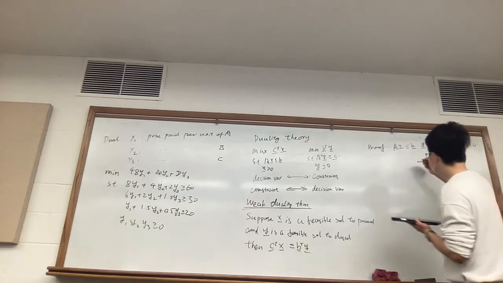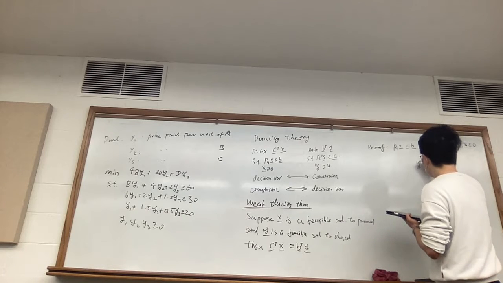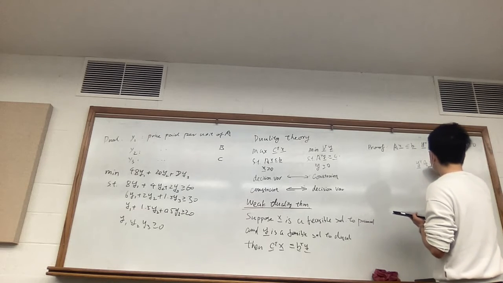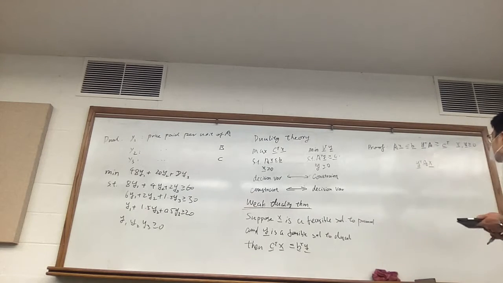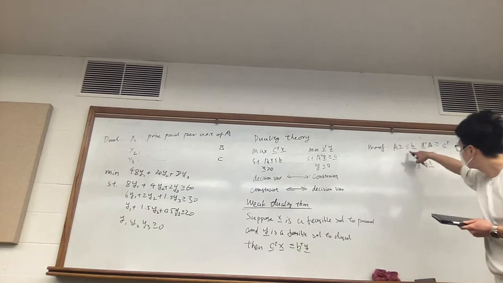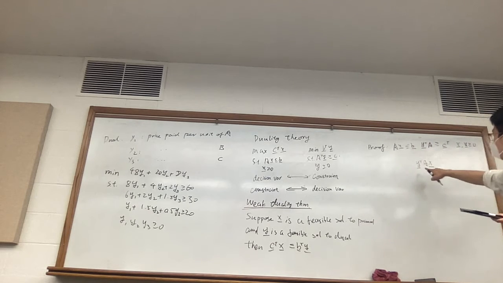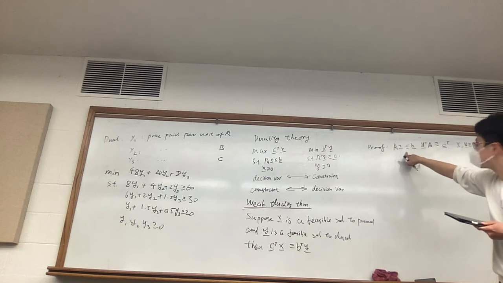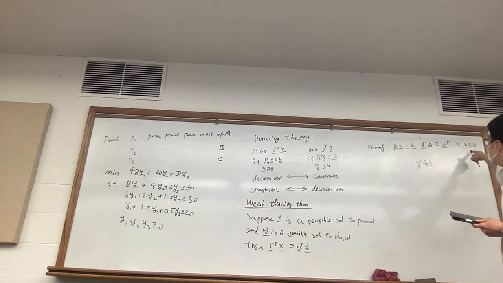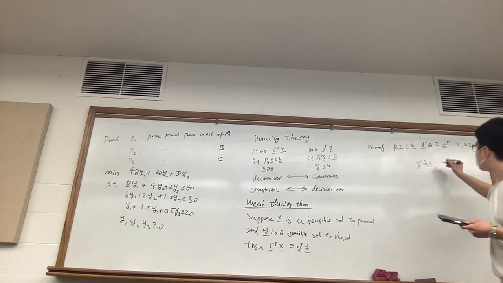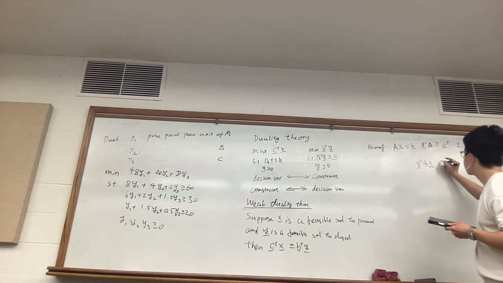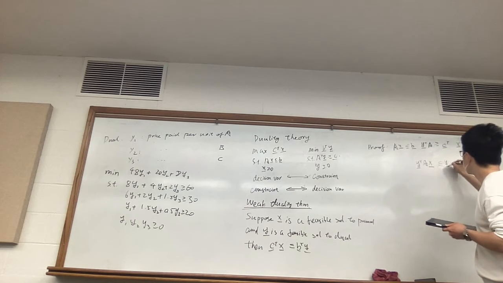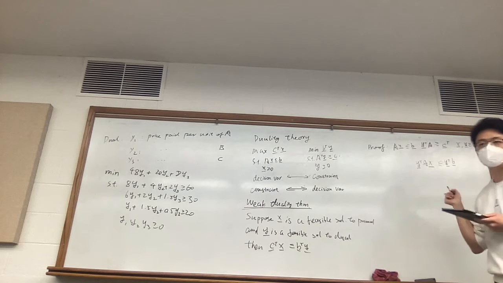Then what we do here is, let's consider this guy, Y transpose AX. From this AX less than or equal to B, if we multiply Y transpose on both sides, we know that Y is non-negative. So we must have Y transpose AX is less than or equal to Y transpose B. Is that correct?